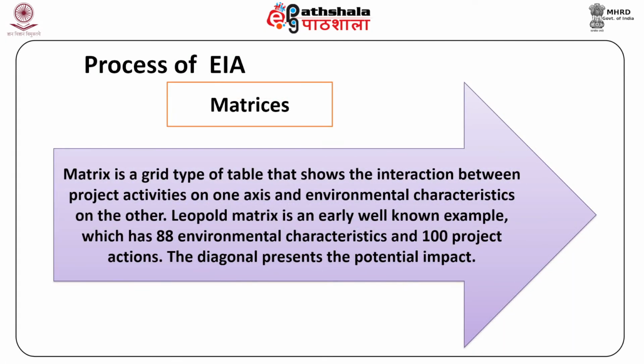Matrices. A matrix is a grid type of table that shows the interaction between project activities on one axis and environmental characteristics on the other. The Leopold matrix is an early well-known example, which has 88 environmental characteristics and 100 project actions.